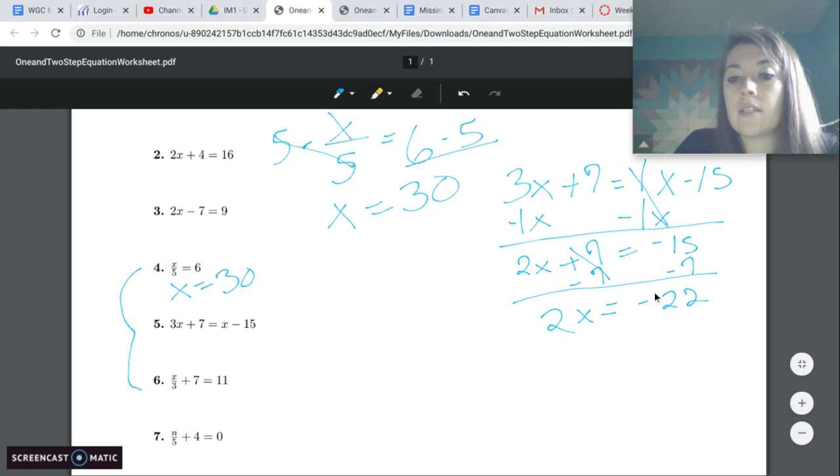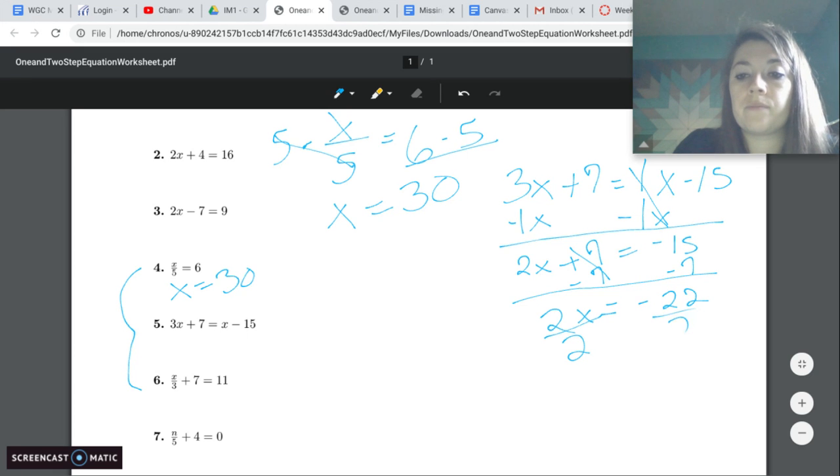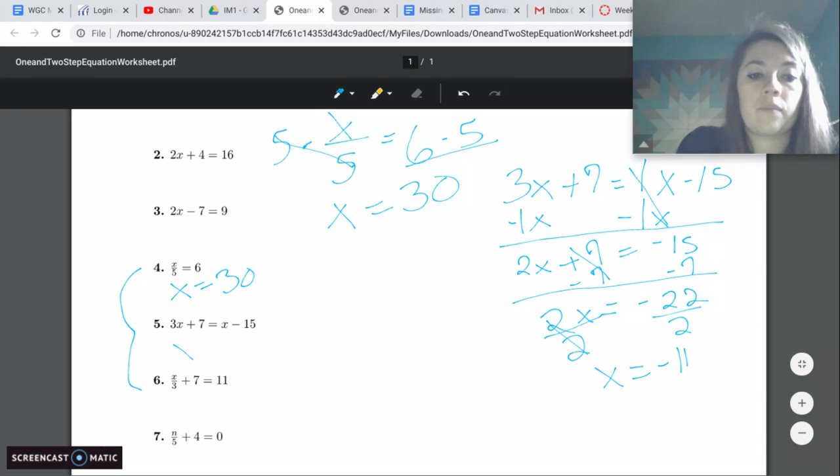So 2x equals negative 22. The last thing we have to do is undo this multiplication. To undo multiplication, we divide. So x equals negative 22 divided by 2, which is negative 11. So x equals negative 11.